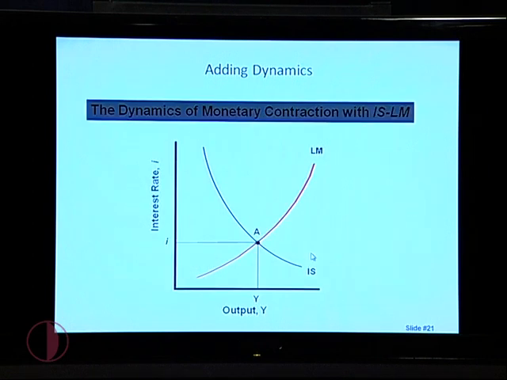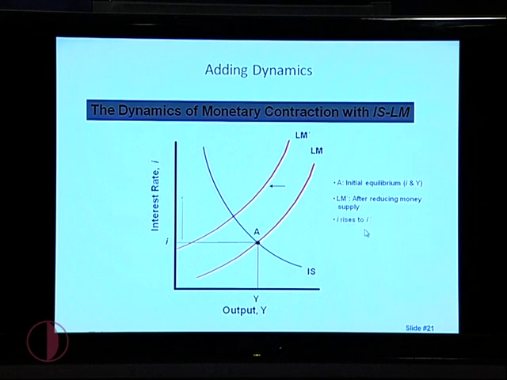The dynamics of monetary contraction with the IS-LM model. This is the initial IS, LM shift after reducing the money supply. The interest rate rises to I prime and LM shifts inward, that is to the left, from point A to point A prime.